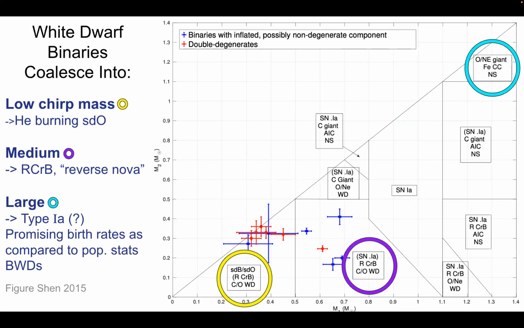The main one I want to mention is the one all the way on the top right. The reason this one's promising and important is because it's a system of two very large white dwarfs. And basically, there's a chance, Dragon can touch on whether it's a big chance or not, of them coalescing into a type 1a supernova. This seems likely and very exciting for the field.